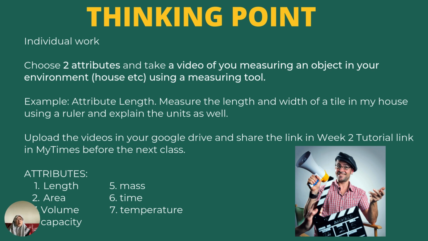Maybe it's a long ruler, or maybe you can change it to measuring tape. And then you explain the units that you use. Are you going to measure it in millimeters, or centimeters, or meter, or kilometer? So choose one unit which can be used for that particular tile.